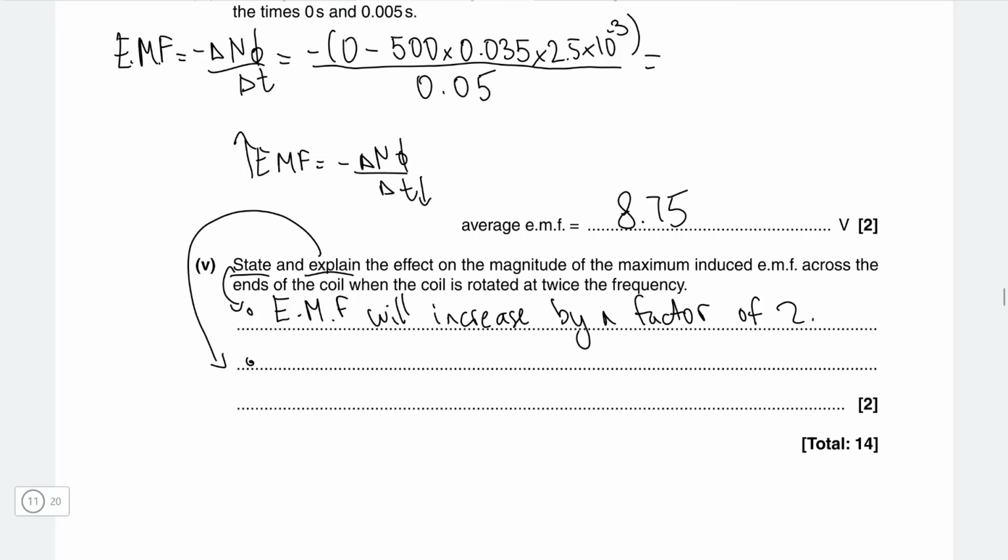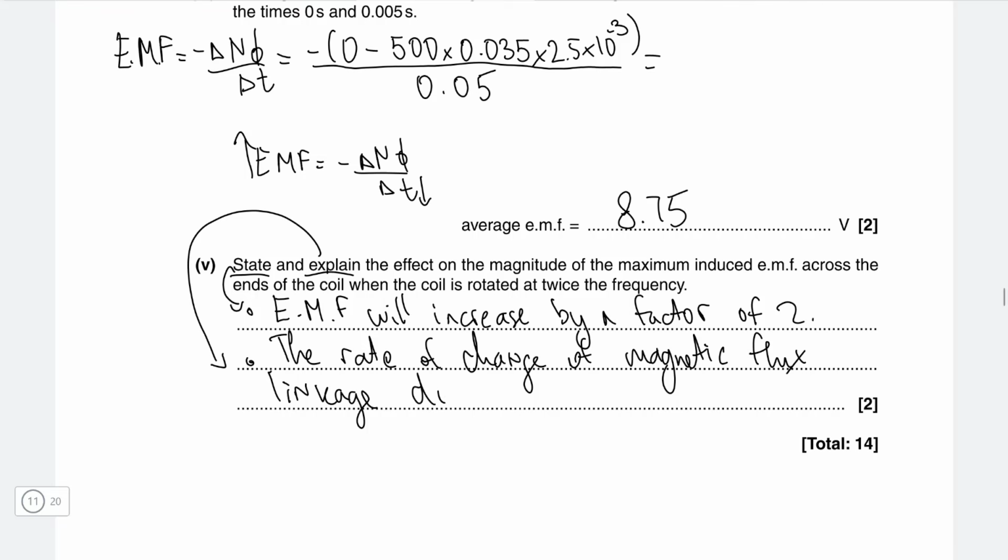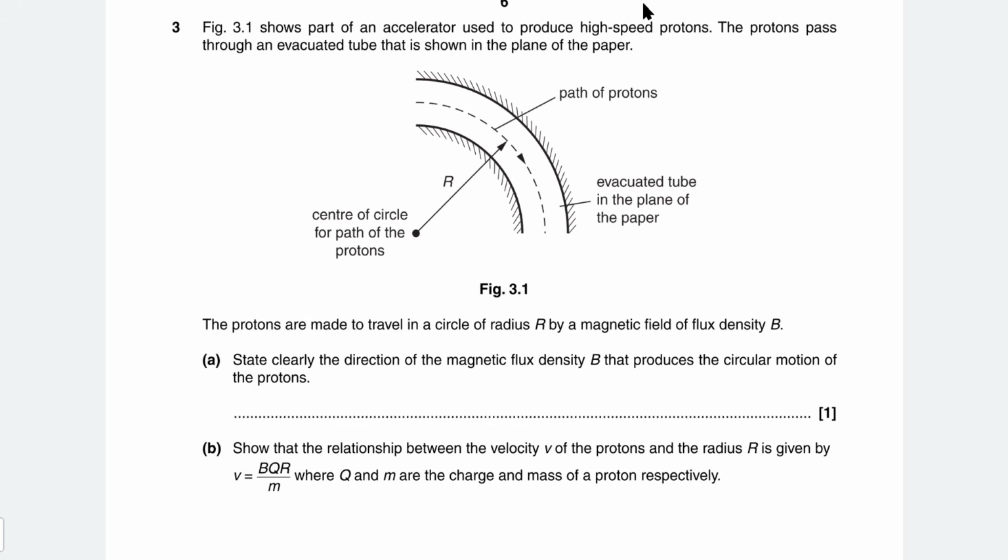So we could probably just say that the rate of change of magnetic flux linkage doubles.